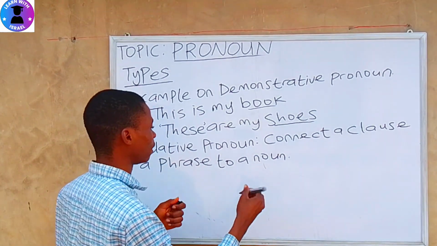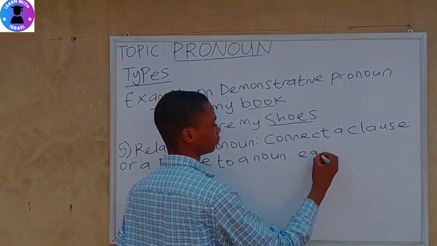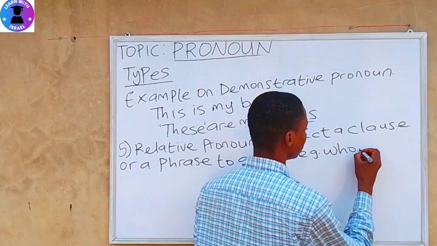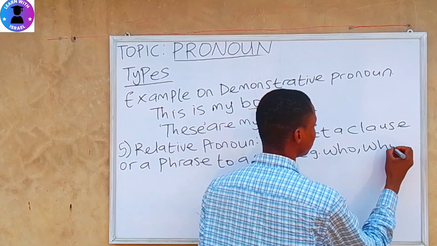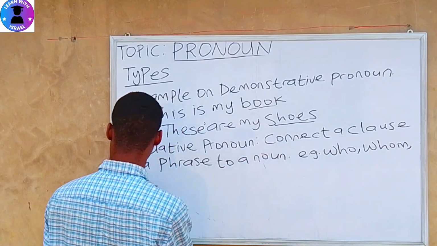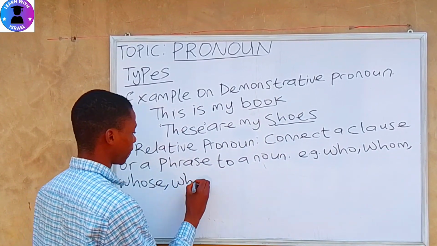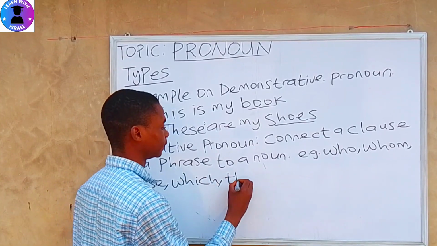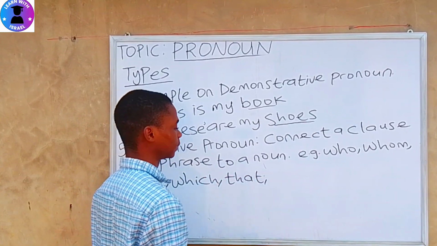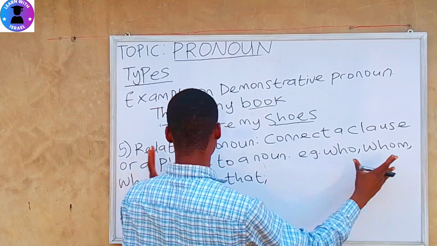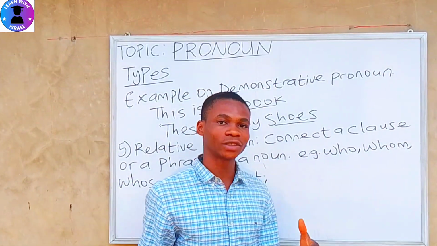So let me give examples of relative pronouns. Examples of relative pronouns include who, whom, whose, which, that. So I'm going to identify the ones it belongs to, whether subject or object.